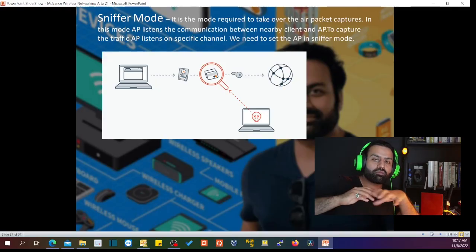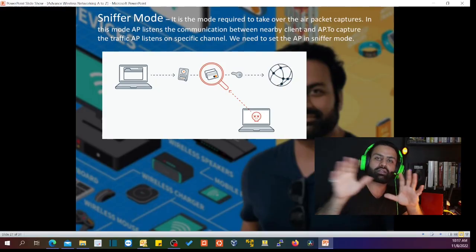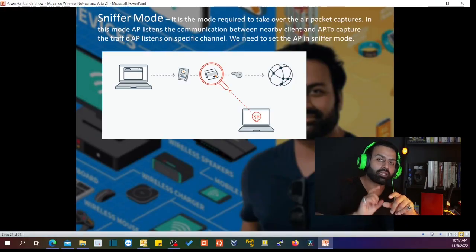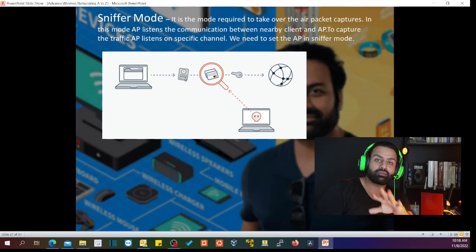If I turn on my laptop and turn on the monitoring mode, I can find your SSID. It's very common, everyone can access the SSID. But if I click on the ABC access point, I will get all the information. What is your MAC address? This is the monitoring mode. What is your MAC address, which kind of standard you're using, or which kind of authentication you're using. We talk about the encryption, Advanced Encryption Standard, 3DES, and so on.